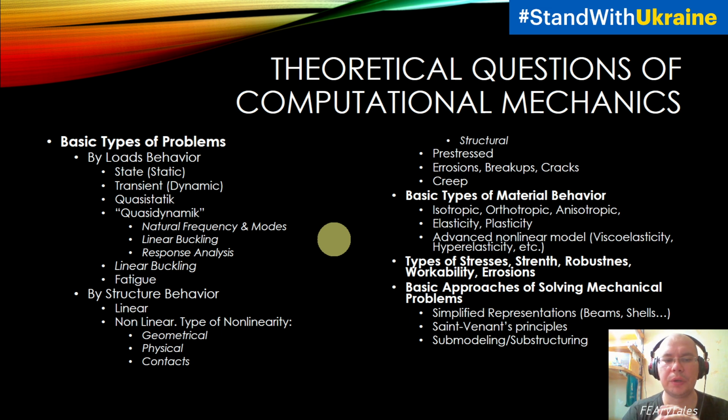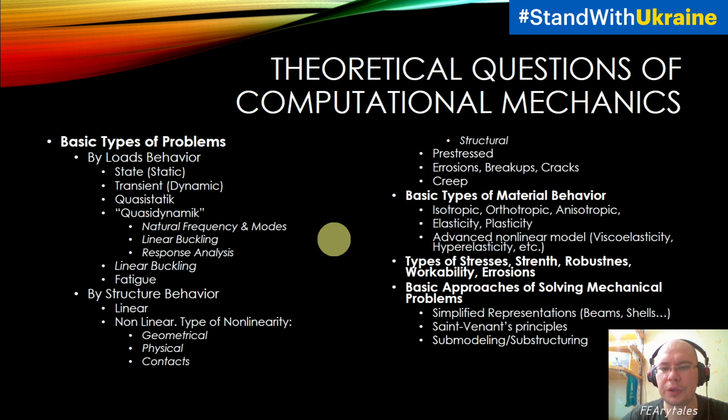Additionally, we will talk about structural nonlinearities. Then we will talk about additional types of behaviors that are important in some moments, such as pre-stressed work, erosions, cracks, and so on, such as creep. We will talk about different behavior of material.